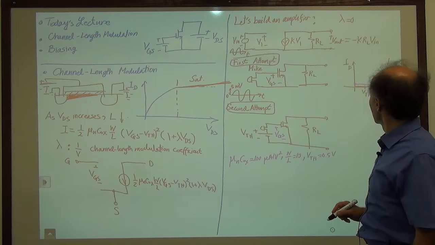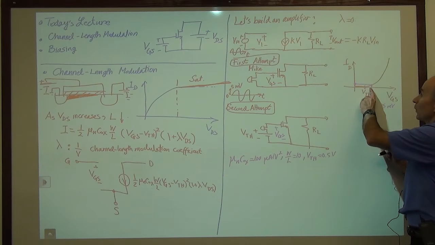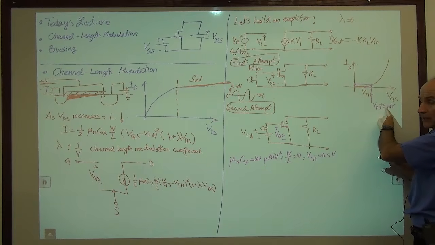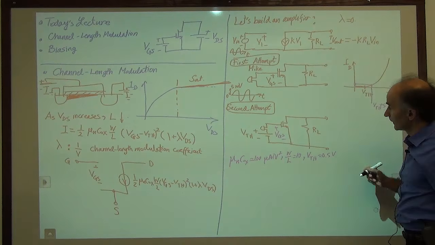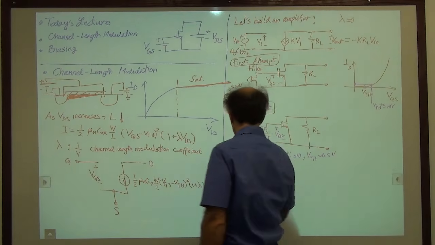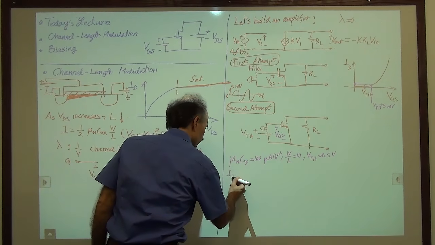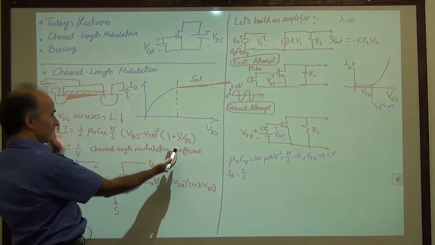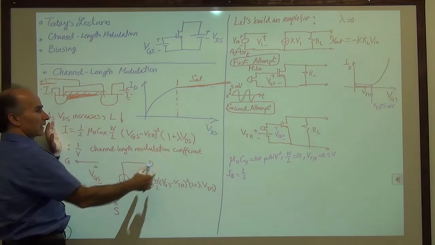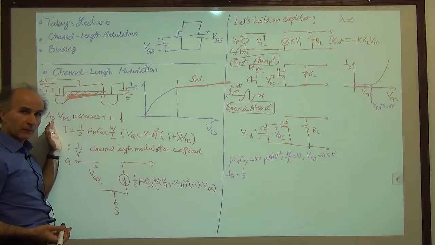And you would like to see how much current we get when VGS is VTH plus this much, plus 5 millivolts, right? The microphone raises its voltage by 5 millivolts. Okay, so then we can write ID is equal to 1/2 of, so I'm writing this equation without the correction due to channel length modulation.